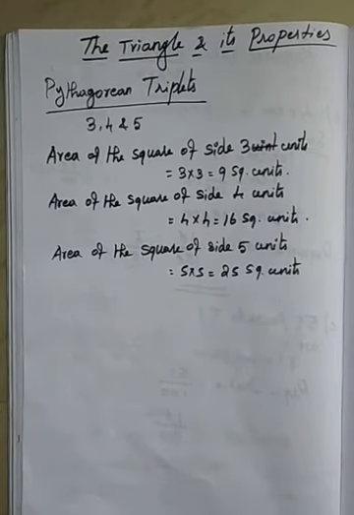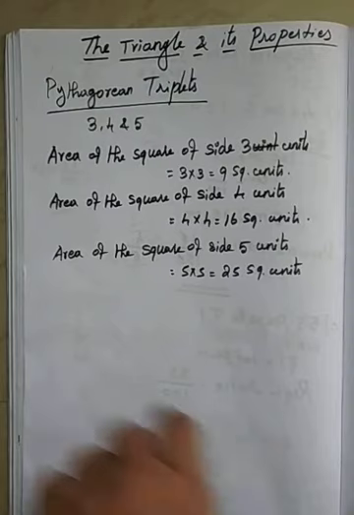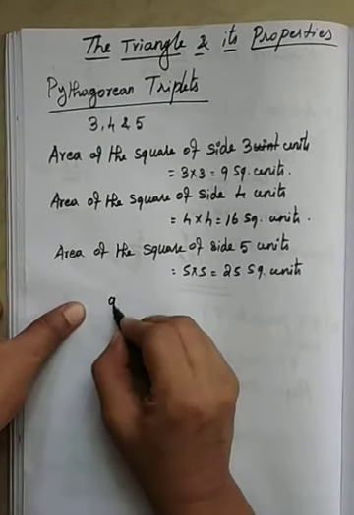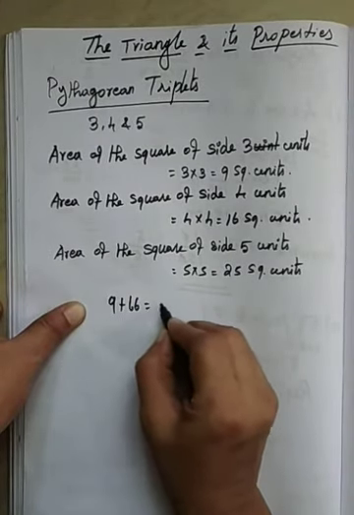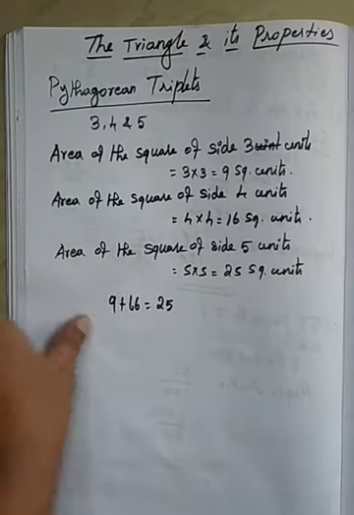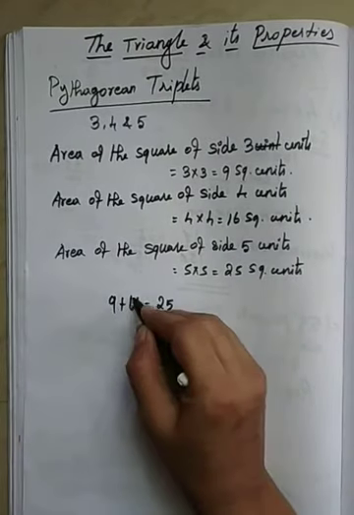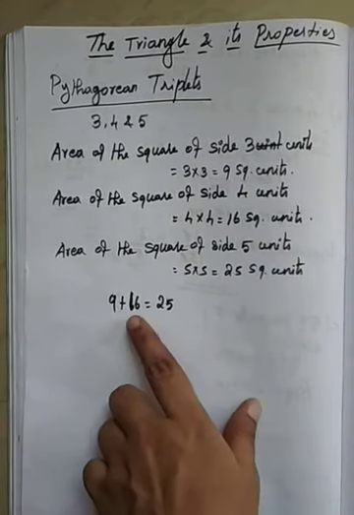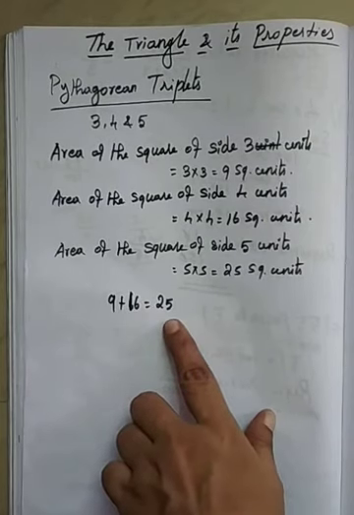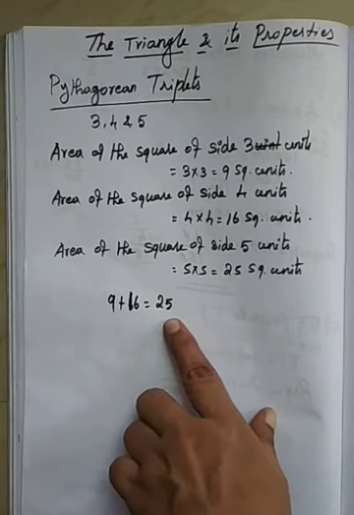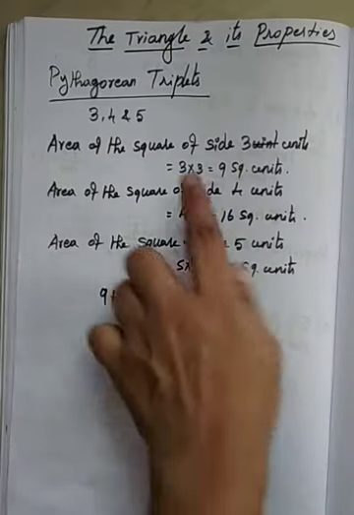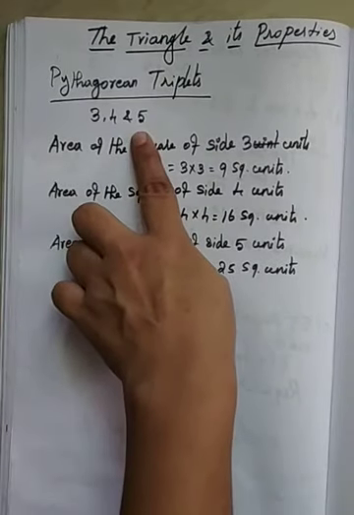Now, we can see that 9 plus 16 is equal to 25. So 3, 4 and 5 can be the sides of a right angle triangle.